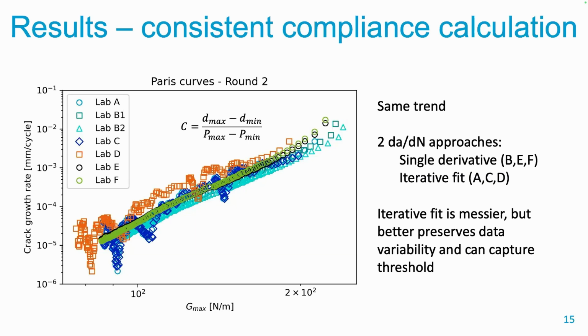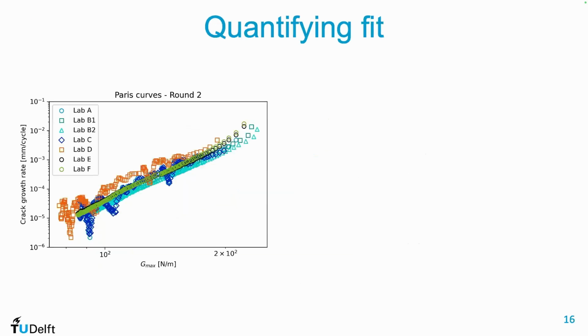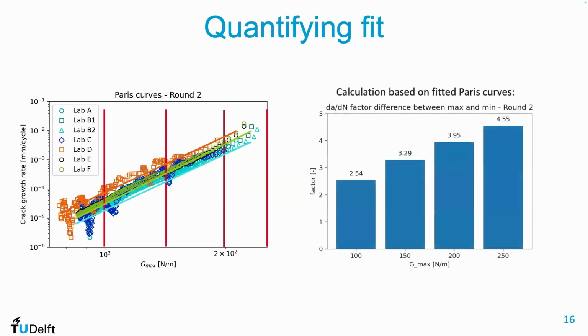But still, you can ask, okay, how good are we now? How close is this actually together? So for that, I did the following as kind of a rough way to estimate this. I fit the Paris curves through this data, and then I looked at four values of Gmax. What is the difference between the maximum and the minimum crack growth rates we get out from those Paris curves? And you see there's between a factor 2.5 and a factor 4.5 difference in predicted crack growth rate for a given Gmax.